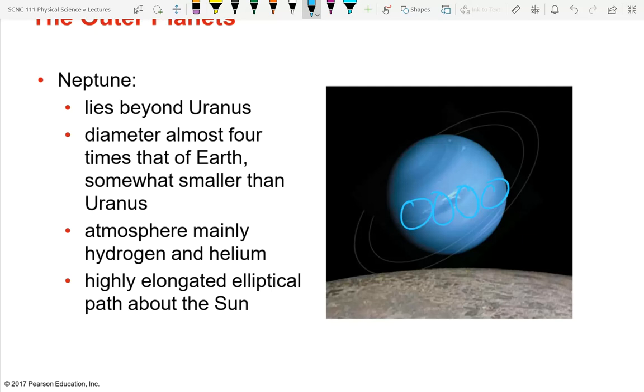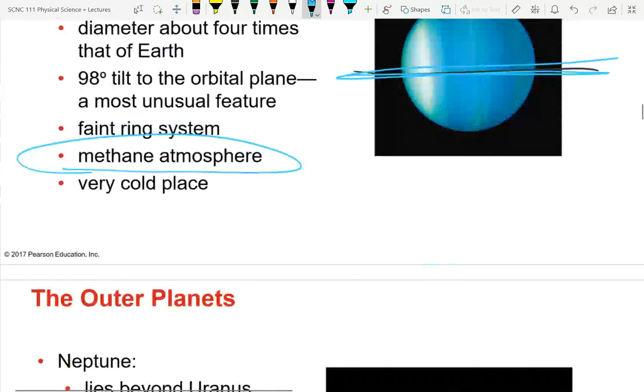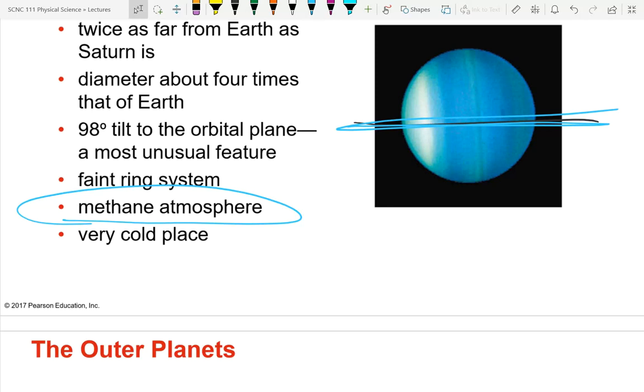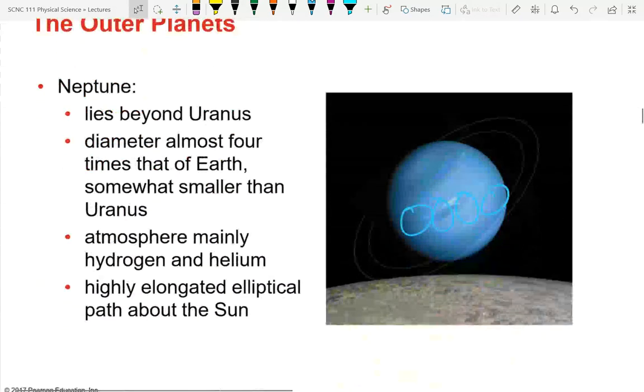It still has a rock that's, I think, bigger than Earth in its core. And Neptune has basically the same atmosphere as Uranus. A slightly different concentration of methane gives it a slightly different color. So Neptune is considered bluer, Uranus greener, because of slightly different amounts of methane.